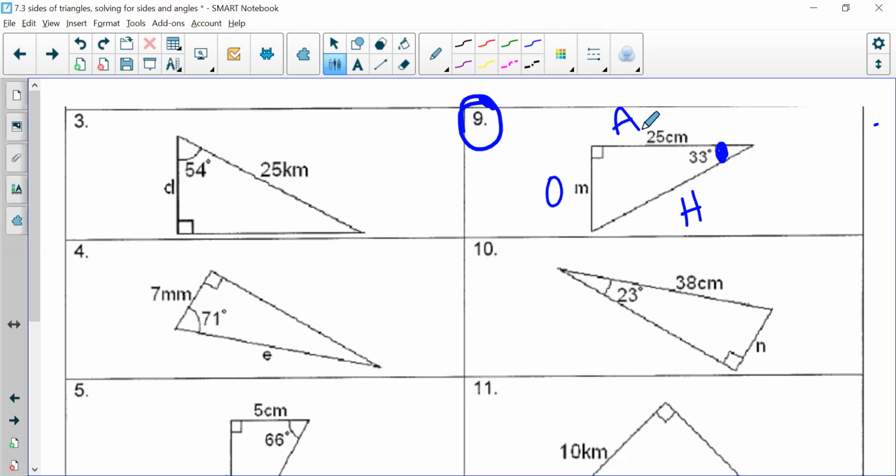Very good. Lauren, not to pick on you, I just want to make sure we have this fully under control. Which of those 3 letters does not have a variable or a number on that side length? H. Very good. And then you're solving for O, right? Perfect. Which trig formula involves O and A?